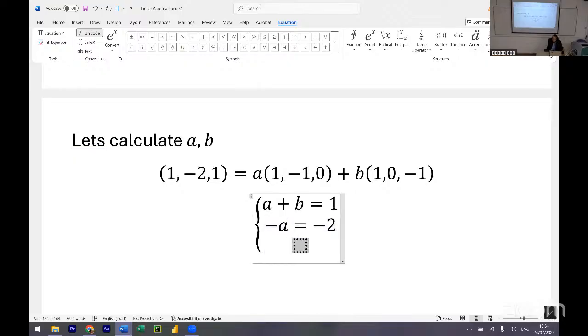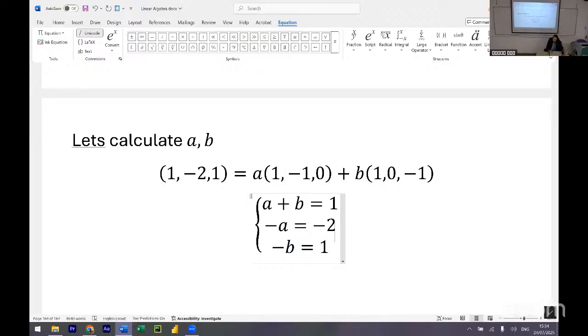The third equation is A minus B equals 1. So it's not that difficult to solve, to be honest. Right? B is minus 1, A is 2. And does that agree with the first equation? 2 minus 1 is 1, yes.